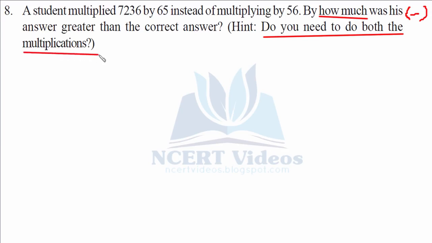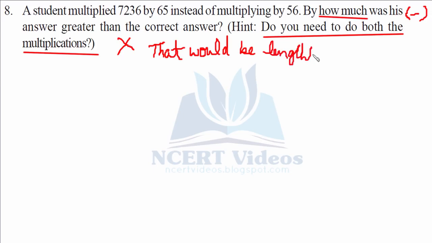You can just take the difference between both the numbers by which he actually multiplied and the one he was asked for. That would be a lengthy process if we multiply individually with both the numbers. Just take the difference and that would give you the required answer.